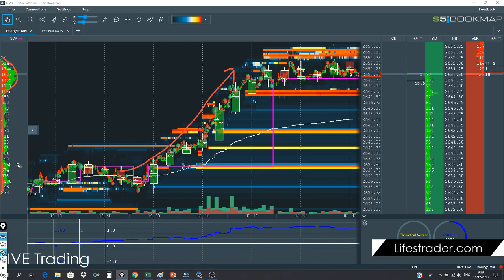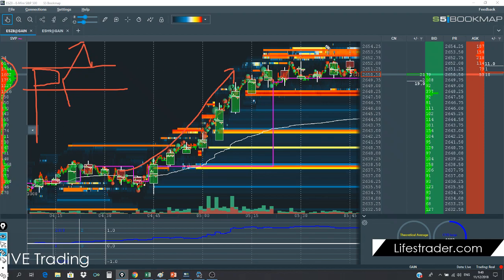After the P-shape profile, we have to look for continuation higher, above the interest, or the price goes lower below the interest. The farther we go from the interest, the stronger the momentum is supposed to be.